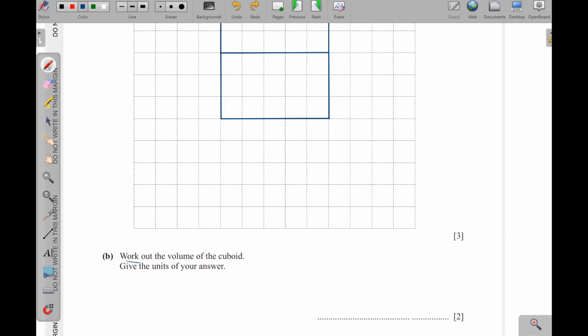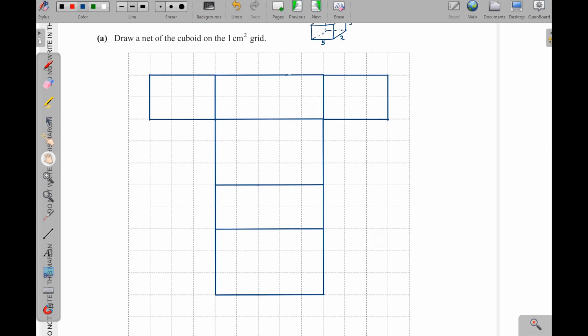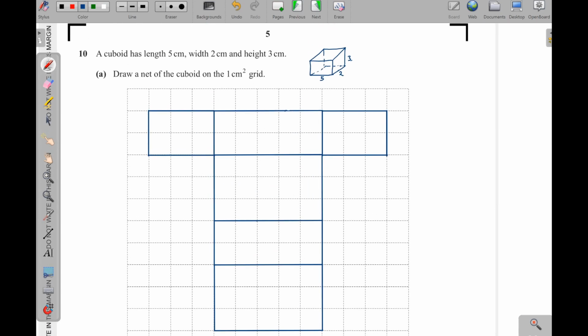Then part B, work out the volume of the cuboid, give the units of your answer. Volume of a prism, but this time around it is a cuboid. We get the cross-sectional area, then times the what? The length. So when I cut this one like this, I keep on cutting, I'll be seeing this face, which is rectangular.